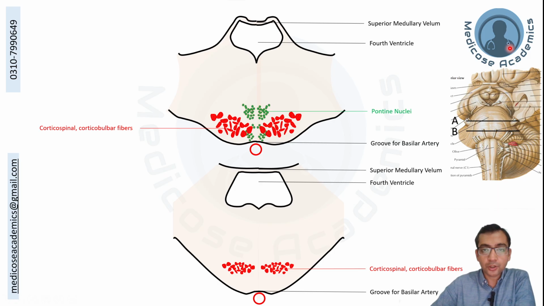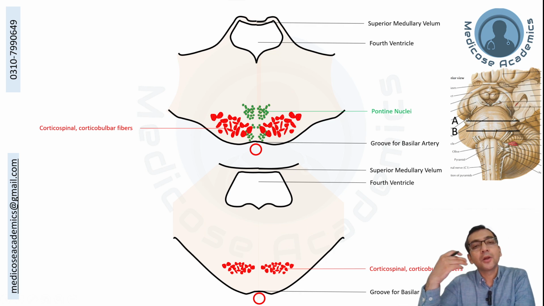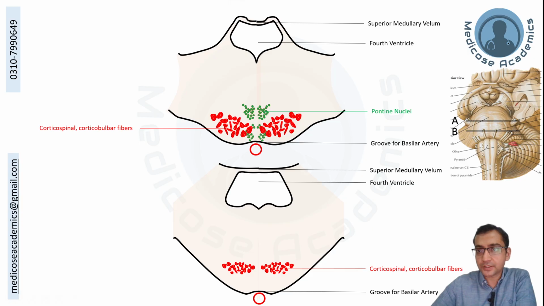Next, let's talk about pontine nuclei. Pontine nuclei are a part of a circuit through which the cerebral cortex communicates with the cerebellar cortex. The signal from the cerebrum comes down to the internal capsule, crus cerebri.